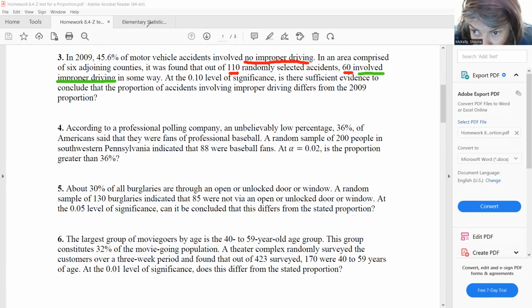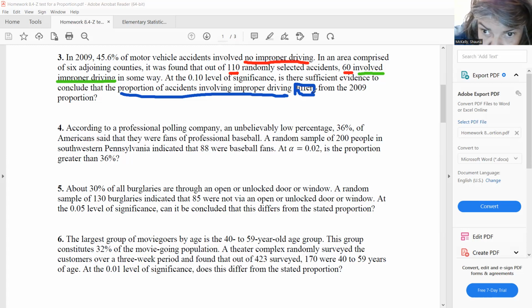Is there evidence to conclude that the proportion of accidents involving improper driving, remember, this percentage is no improper driving, differs from the 2009 proportion?